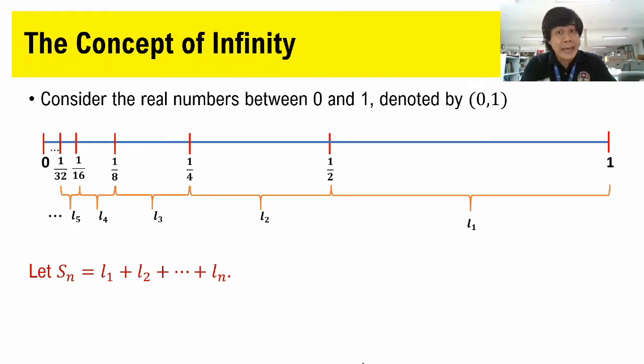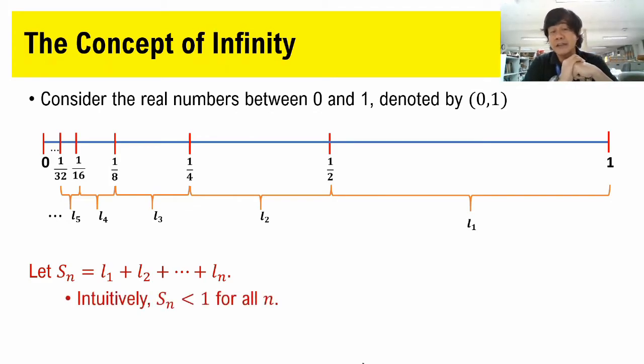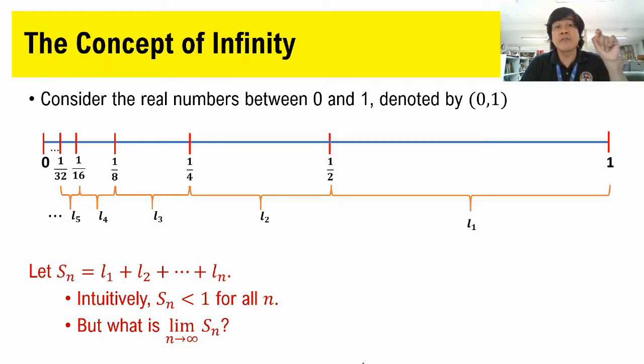We're talking about the lengths of these line segments. Intuitively, the sum of these line segments is less than 1 for all n. With that intuitive notion, we thought, well, it's okay. However, what if we take the limit of S sub n as n approaches infinity?